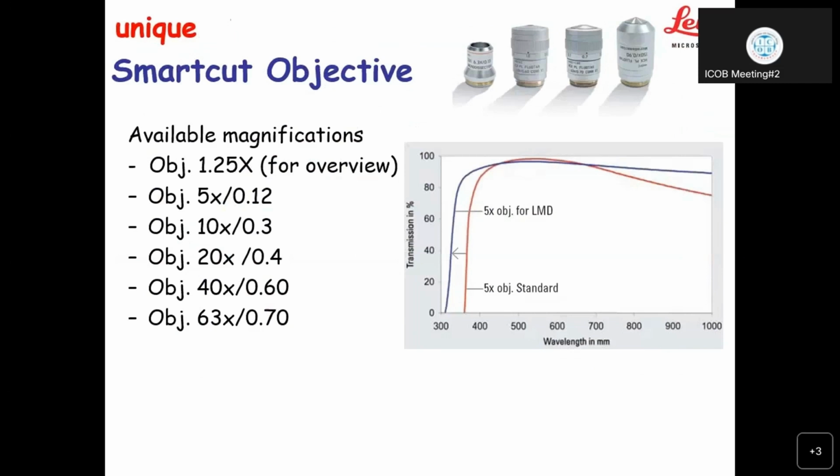All the objectives are designed just for the Leica LMD system, and the transmission of laser light at 350 nanometer is higher than standard objectives. This helps to cut out the target cells.